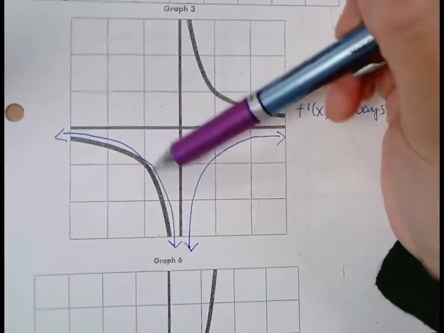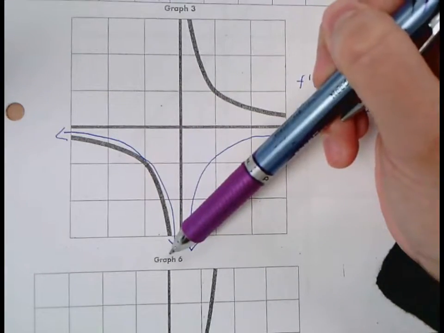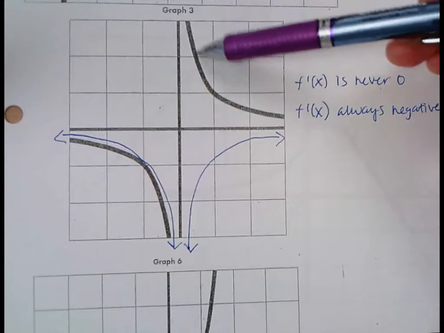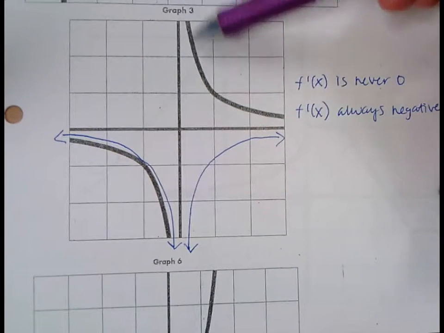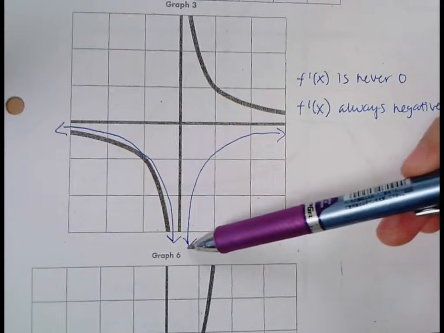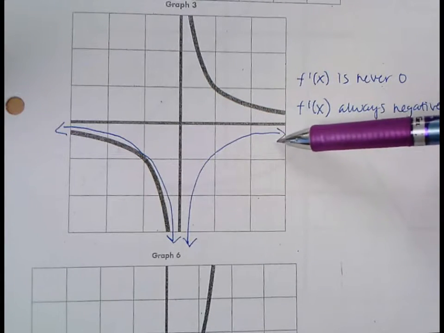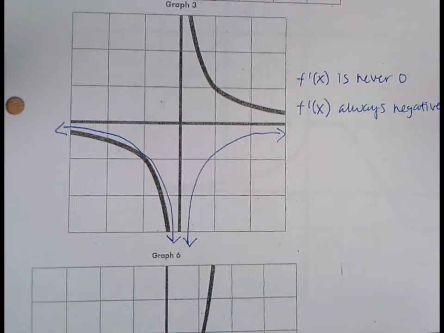They're flatter and getting steeper, so the y values start close to 0 and get more and more negative. Versus on this part, the tangent lines start out very steep and get flatter, so the slopes approach 0, so the y values start out very low, negative, and get close to 0. So those are kind of the things you want to think about as you're graphing.